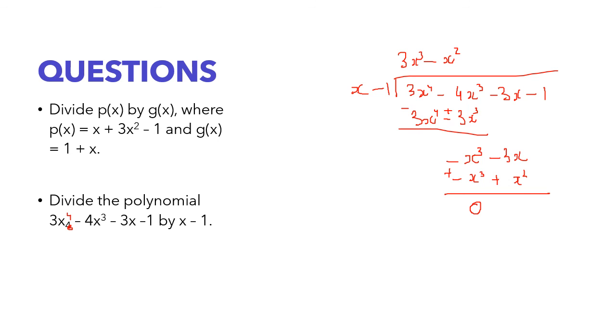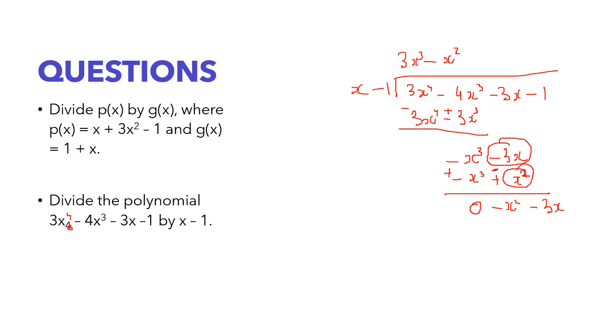The term over here is minus 3x and the term over here is x square. You cannot add or subtract x square and x together because they are two different degrees, right? So you will be putting it down as it is. So it will be minus x square and then minus 3x.